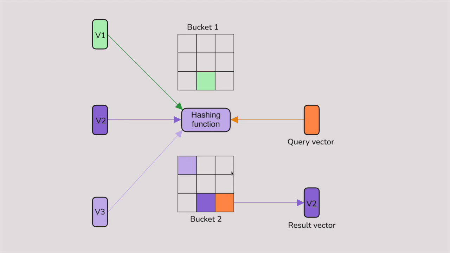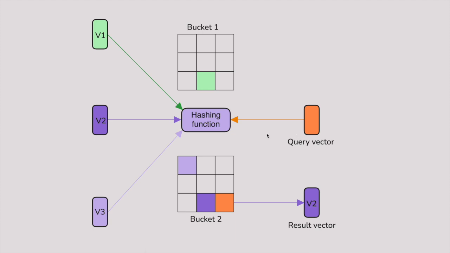It puts all the similar vectors into the same bucket, and then when we search for a specific vector, we just need to check the buckets that are closest to the query vector. So as the query comes, we search only a specific set of buckets, not all the data, and then return the result based on that. We are not scanning all the data, we scan only the closest buckets.